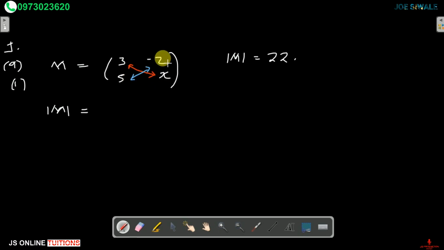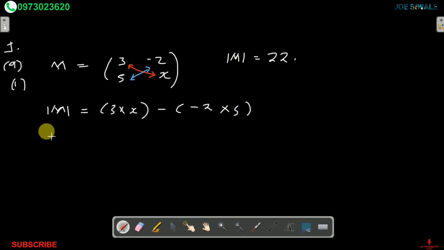Then we're also going to multiply negative 2 and 5. So we're going to say 3 multiplied by x. These are numbers in the major diagonal minus the numbers in the minor diagonal. So there we have negative 2 multiplied by 5.